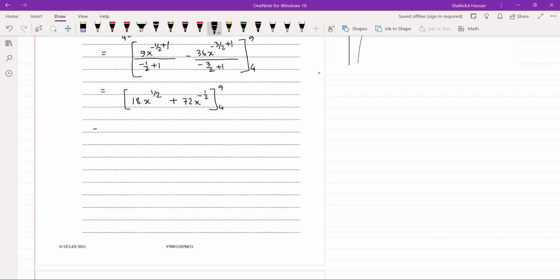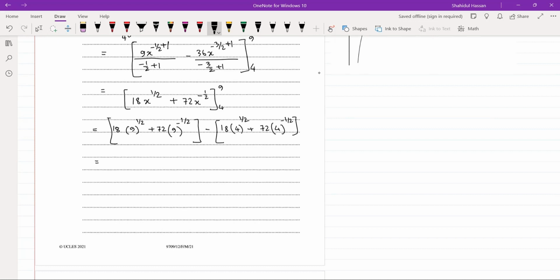Now for the 18, replace x with the first limit, or you can say the upper limit, minus all of this, the integral thing. This time x will be replaced by 4.